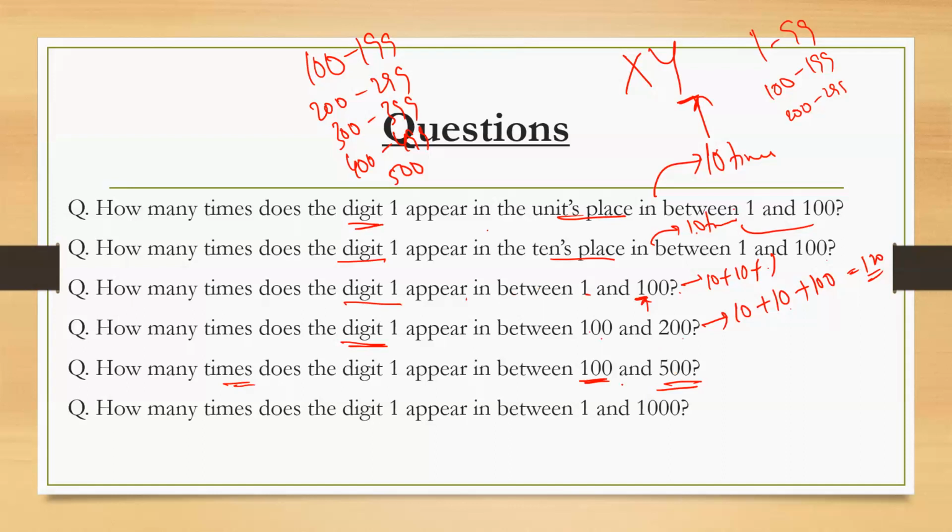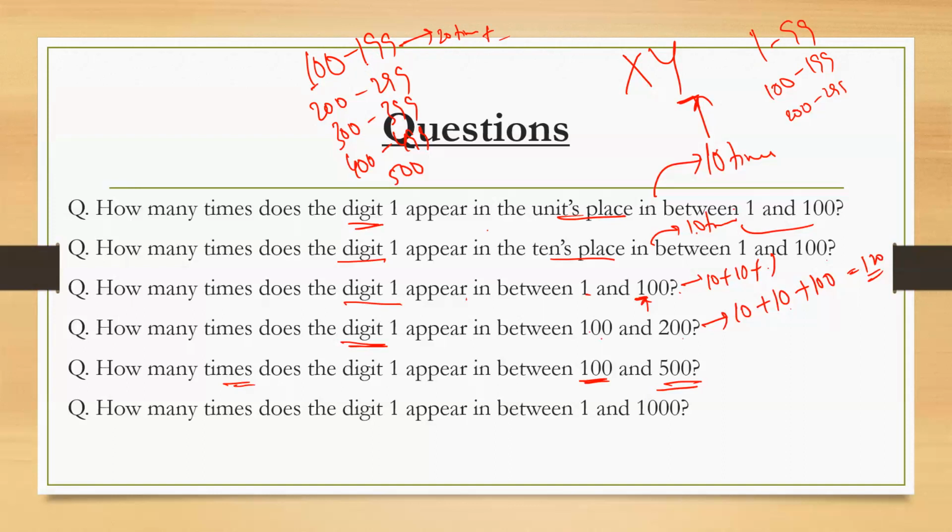So what are we doing here? Again, we are breaking it down, right? We are saying we'll go from 100 till 199. So from 100 to 199, what are we getting? We know it appears 20 times: 10 times in the units place, 10 times in the tens place. Now we are counting the number of times the digit 1 appears in the hundreds place.